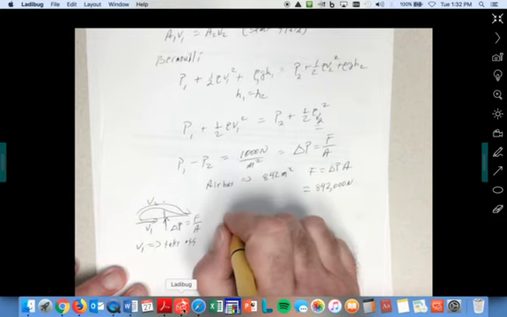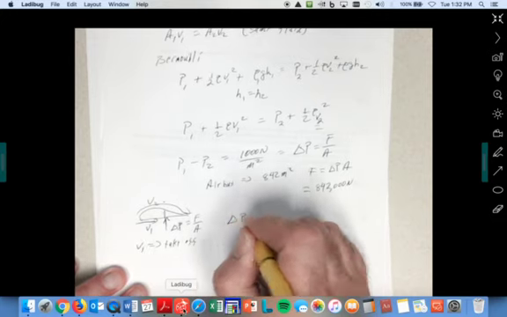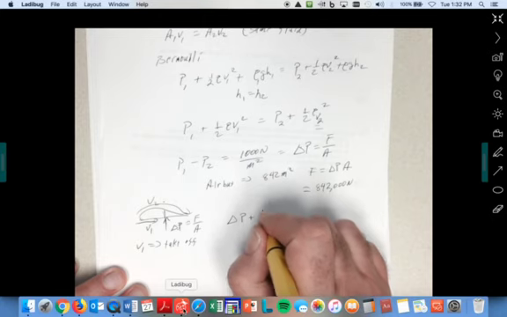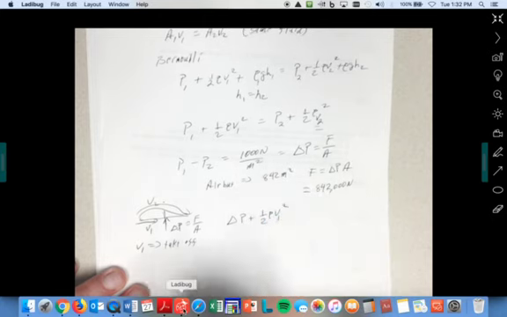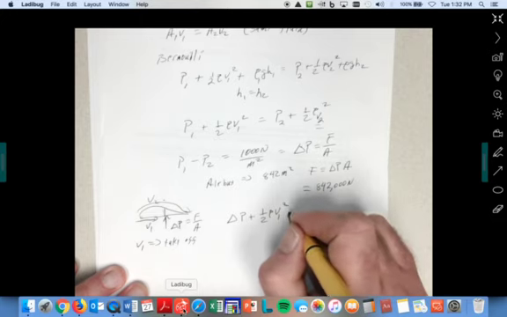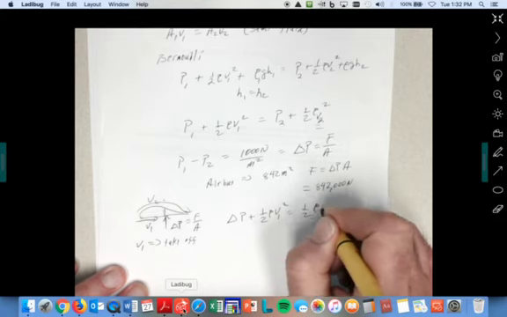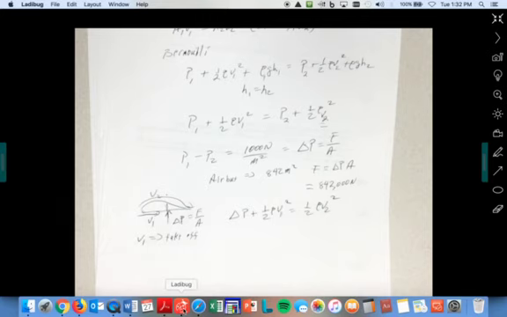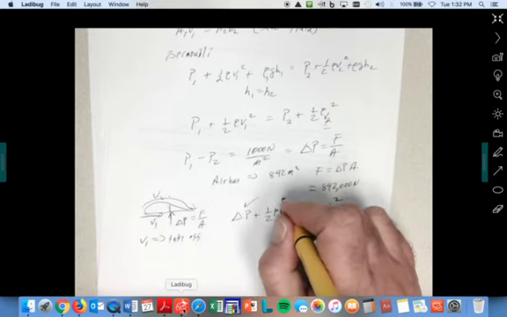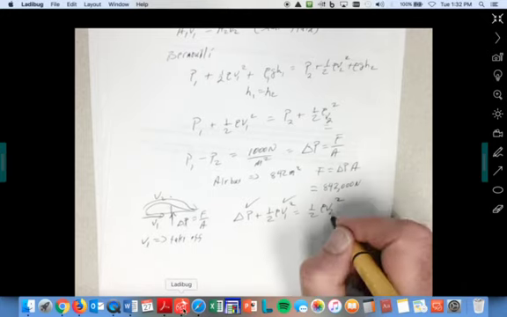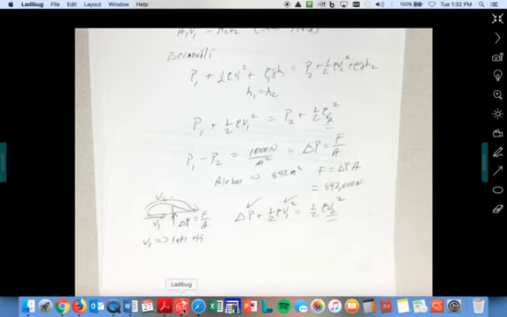So we've got change in P, which they gave us, plus 1/2 rho V1 squared, which they gave us, is equal to 1/2 rho V2 squared. How hard is that? If this is known, then you can find V2 without much trouble, right? All right, good luck.